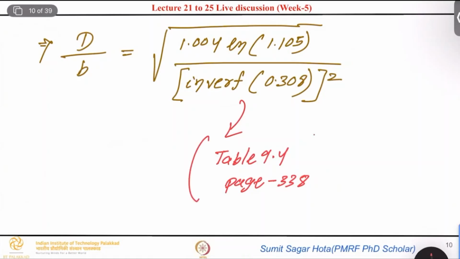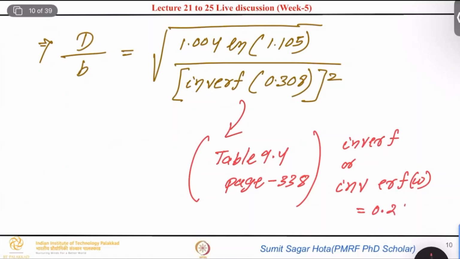When you go to this table 9.4 at page 338, you see the inverse error function, or we can write it as INV of error function of omega. Let it be some value omega, that is equal to 0.28. And what is this value of omega? Omega is our value 0.308.